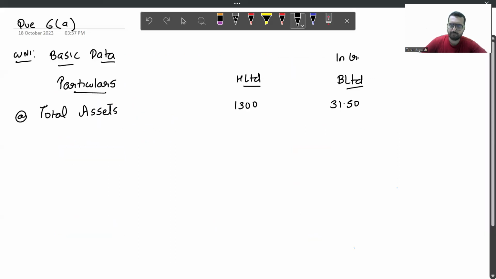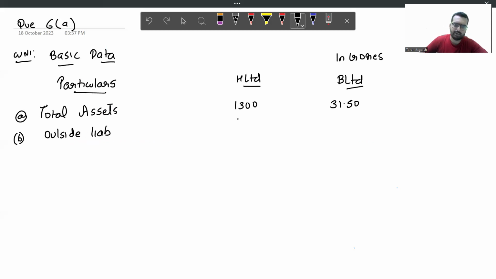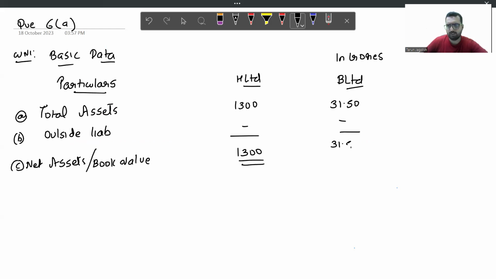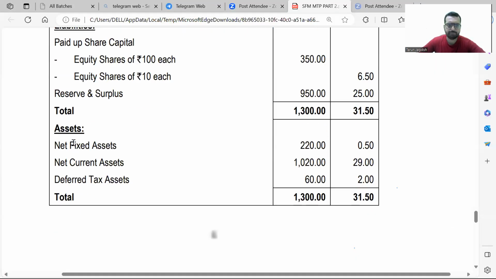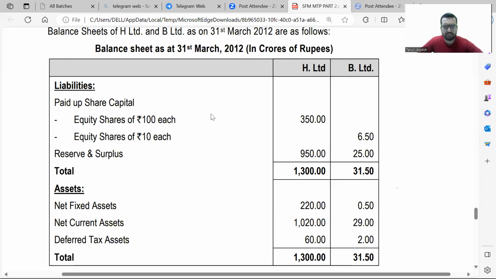Crores. Point number B, outside liability, that is not there. Therefore, your net assets or your book value will turn out to be 1,331.5. Are you clear?